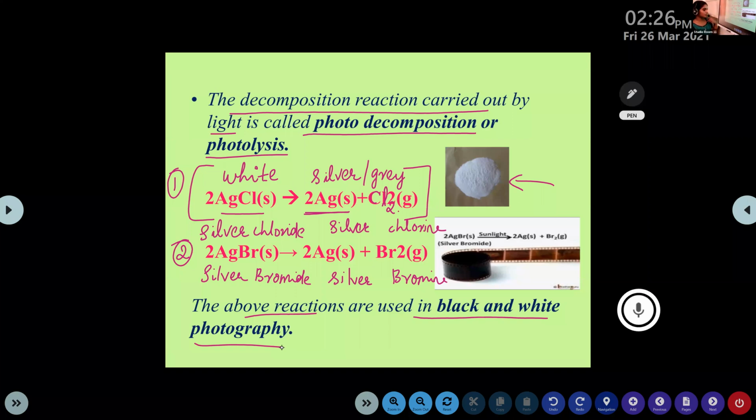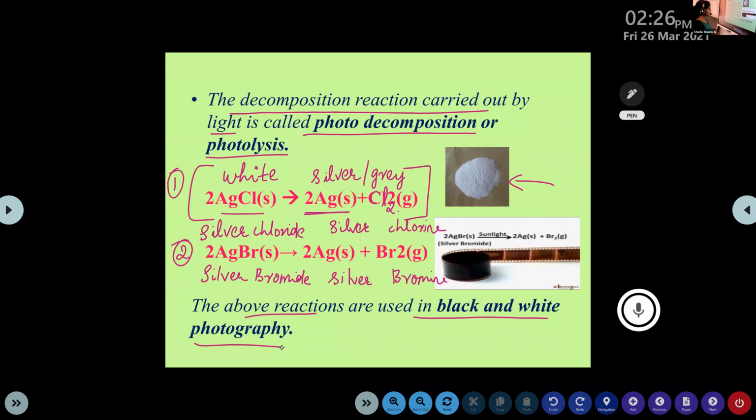In this type of camera, certain films consist of silver bromide, and in the presence of light, it is converted to silver and bromine. In this way, we can see such images in black and white form. So this reaction is of important significance in black and white photography.